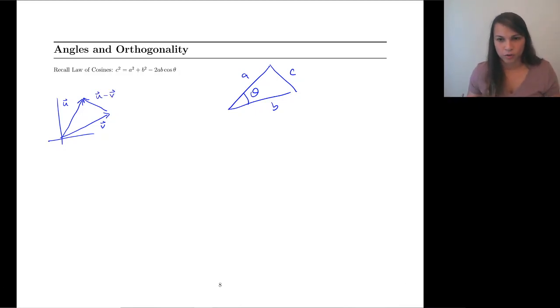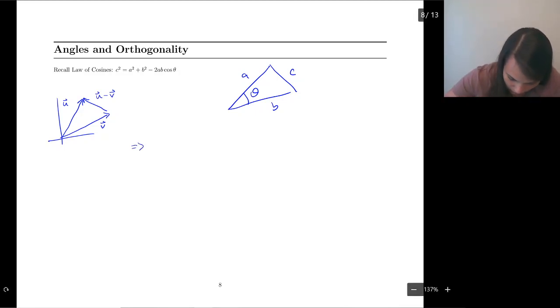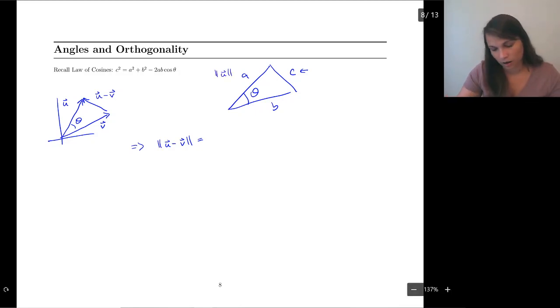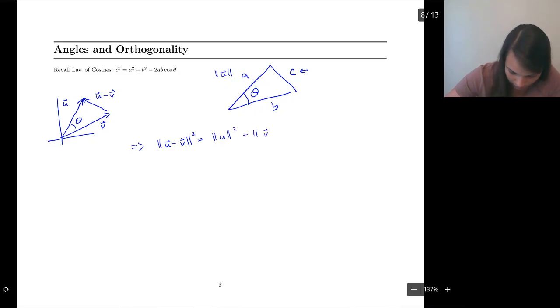Okay, so let's plug this into the law of cosines. Then we're going to have u minus v, so the length of that vector would be this c over here. So that's going to be equal to, and then a would be the length of our u vector. So if we plug this all in, oh, we've got to square those. That's important.